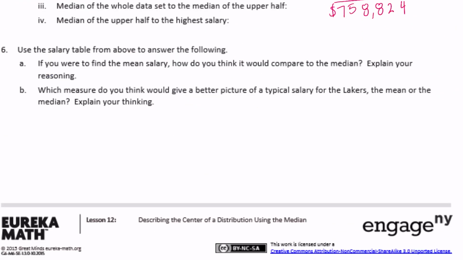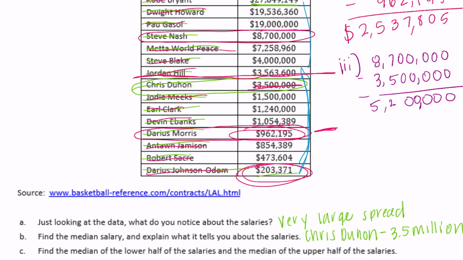Number 6, use the salary table from above to answer the following. If you were to find the mean salary, how do you think it would compare to the median? Explain your reasoning. So remember, the median was right here, 3.5 million. But if we were to find the mean, that's adding all of these up and dividing by however many there are. I think the mean is going to be a lot bigger than 3.5 million because all of these large salaries are really going to skew the number upwards.